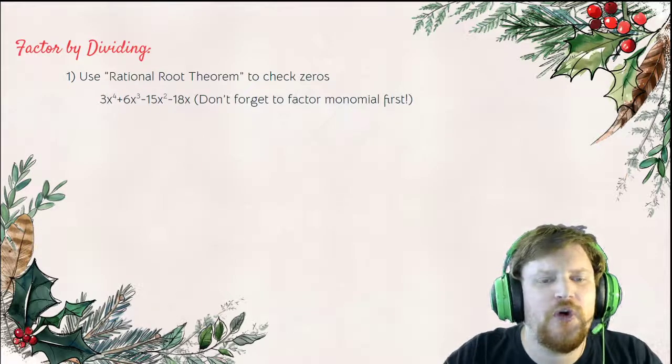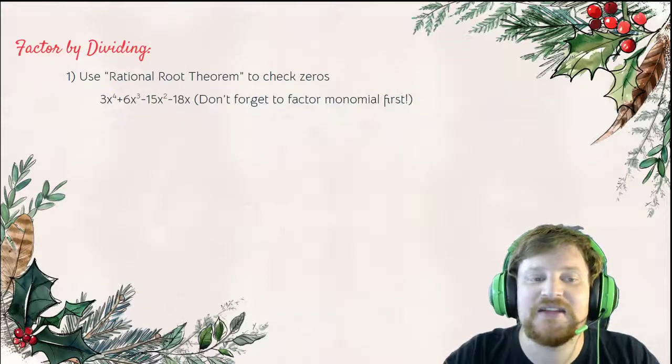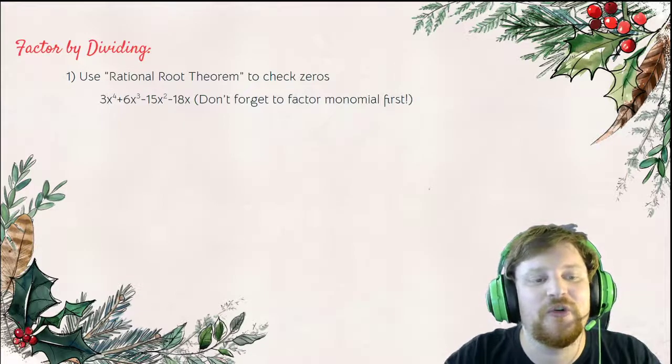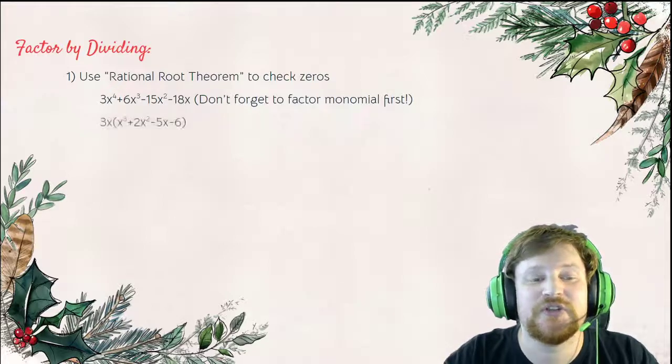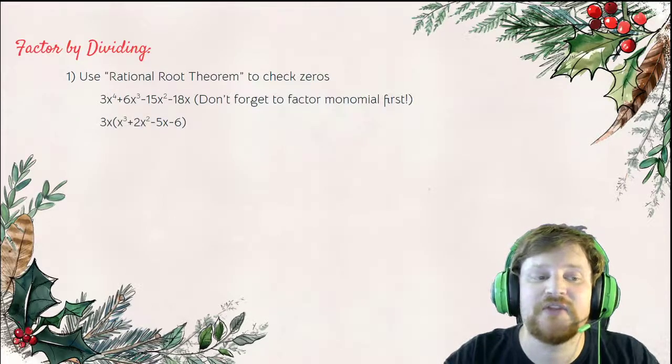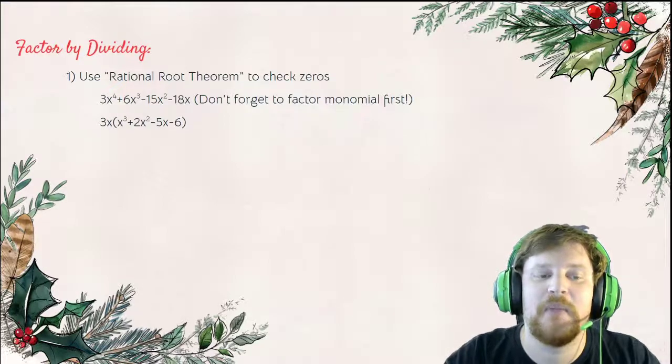But hopefully you also notice that 3, 6, 15, and 18 are all also multiples of 3. So we're actually going to factor out a 3x first. That leaves us with x cubed plus 2x squared minus 5x minus 6.